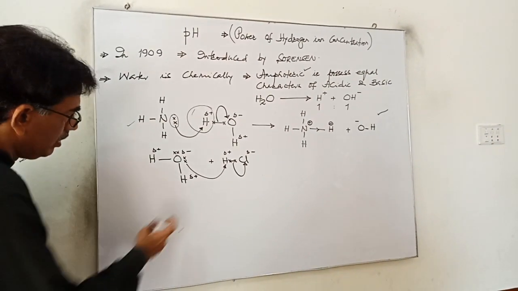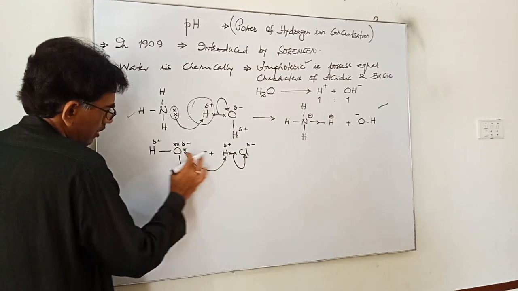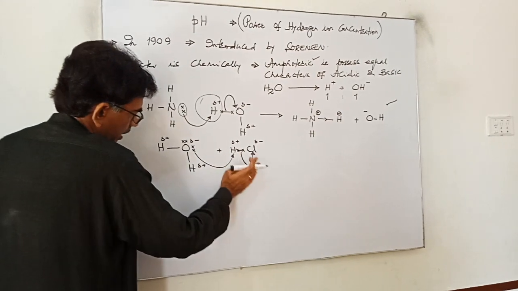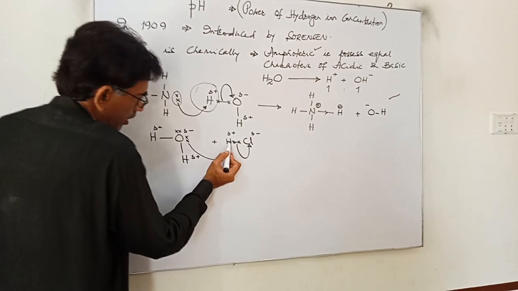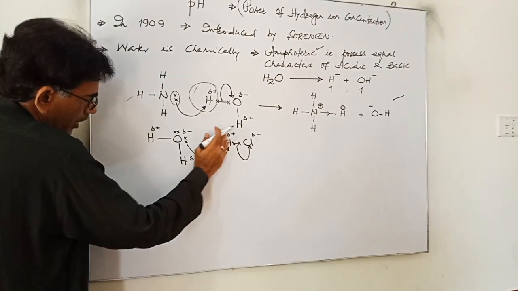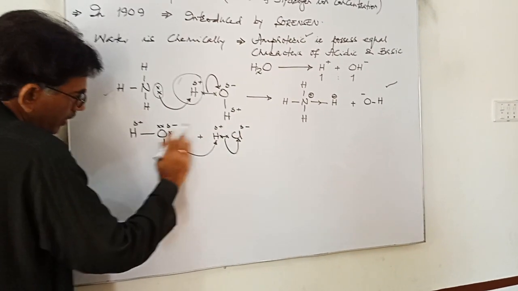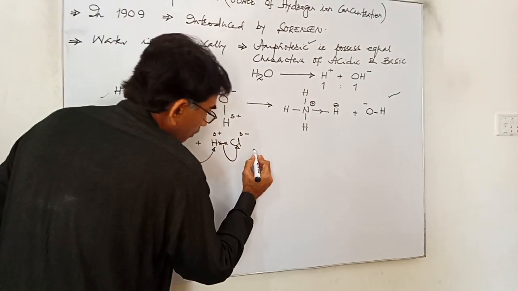So what happens now in this regard: when the interaction is created, energy is released, which can help to shift this electron, and hydrogen can easily coordinate with the oxygen of water.